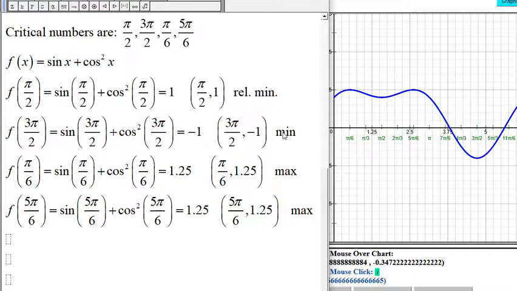Notice that we call this a minimum because it is the lowest point on the graph. And we call this a relative minimum, which is right here, because it's only a minimum in this vicinity. But this point is the highest point on the graph, since x is restricted to be between 0 and 2 pi.